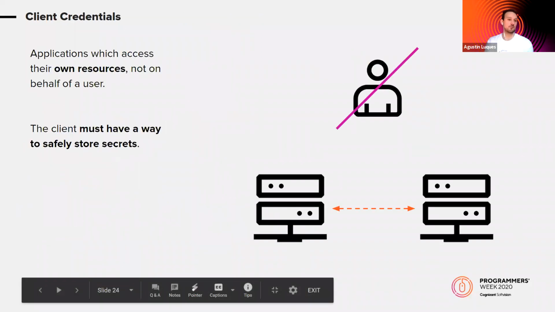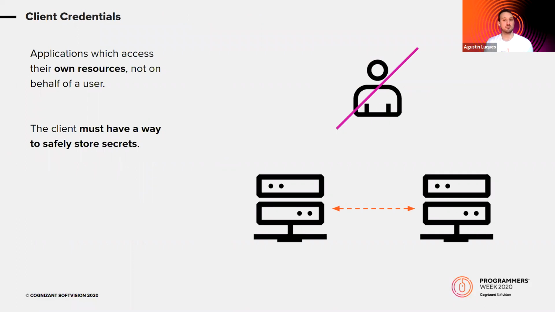Going to the next flow, it's the client credential flow. This flow was designed for scenarios where there is no user involved. So the client application is the resource owner itself. And of course, it's a confidential client because it has to store its secrets, its credentials.